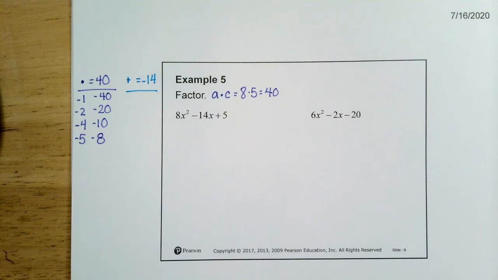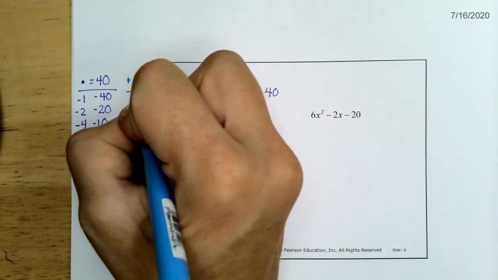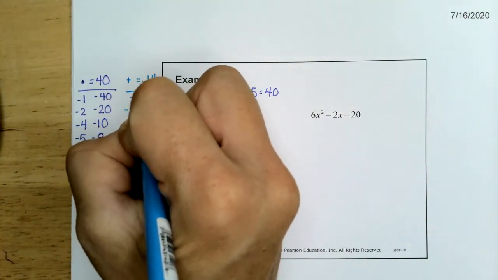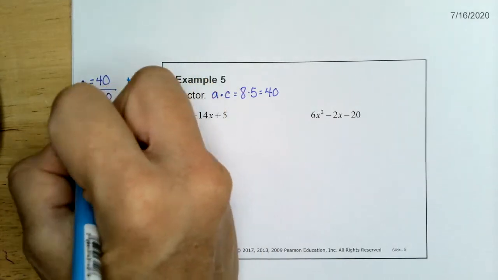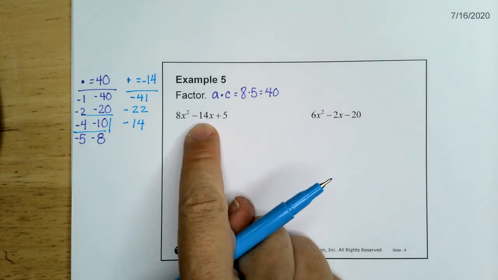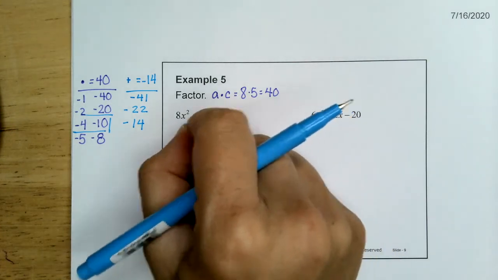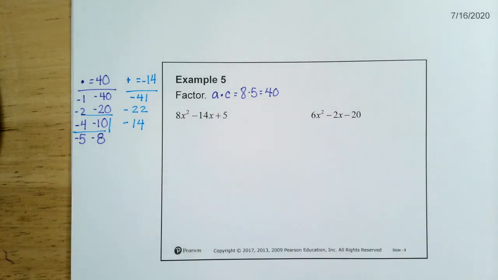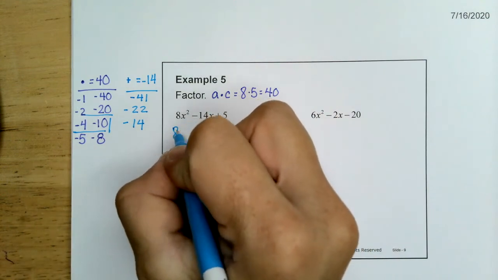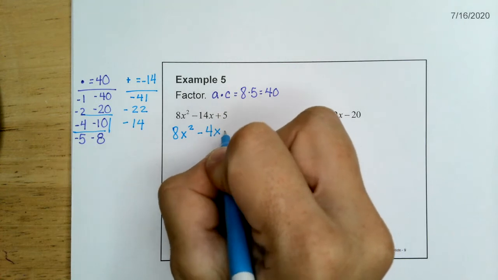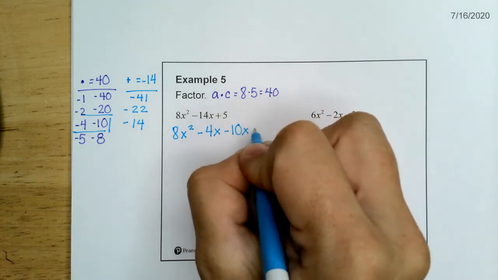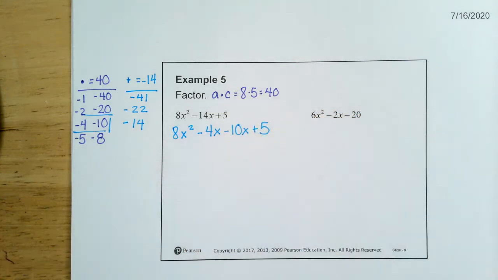So if we add those up, we get negative 41, negative 22. Oh, yay, we got a negative 14. Okay. So instead of the negative 14, we're going to split it into negative 4x and negative 10x. So we're going to say 8x squared minus 4x minus 10x plus 5.